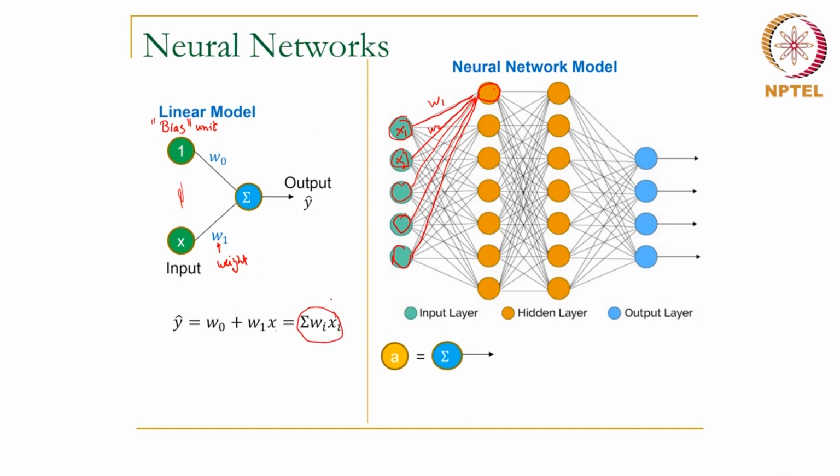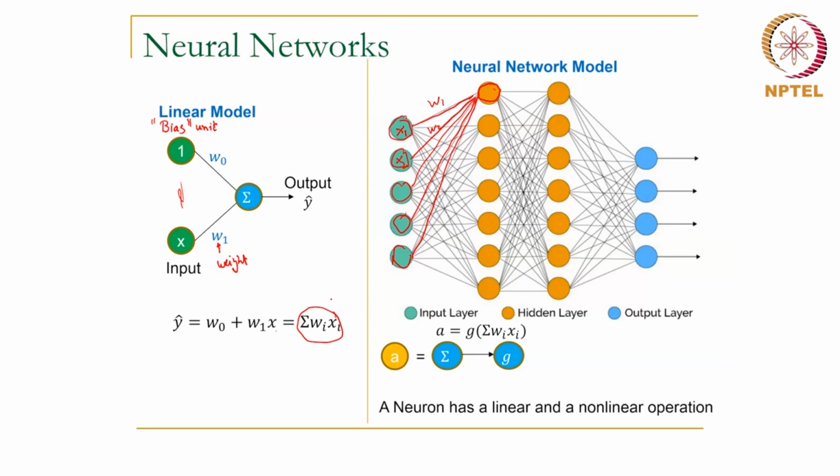But there is a small twist. After I do sigma of wi xi, I pass it through another function which is non-linear. So instead of saying A is sigma of wi xi, I say A is g of sigma wi xi. Okay, that is it. No other major change over the linear model. Take the linear function, run it through a non-linear function.